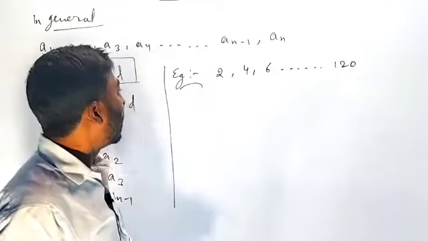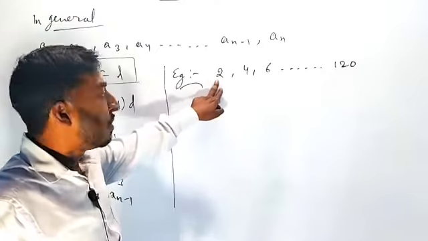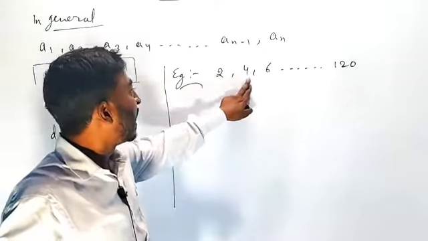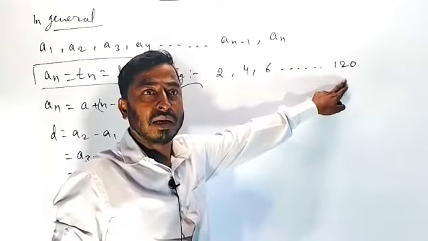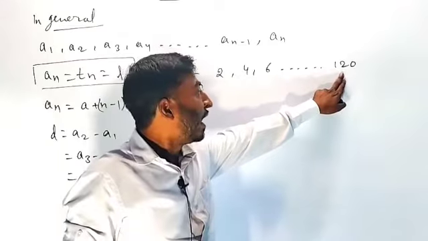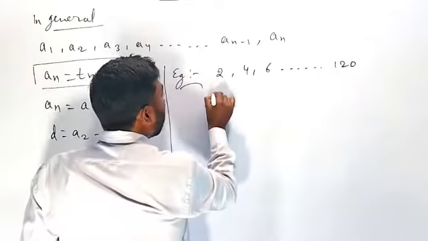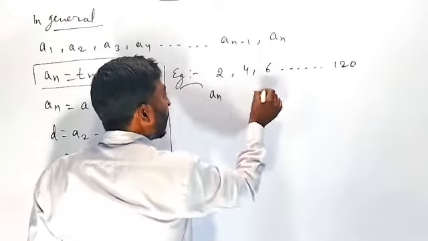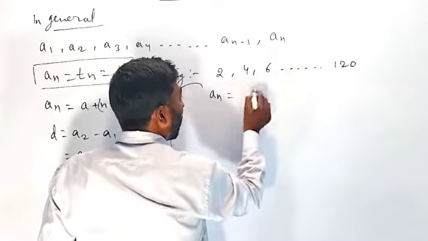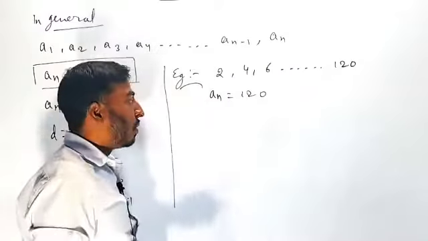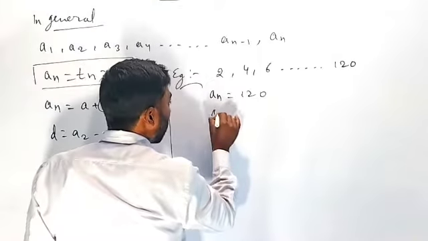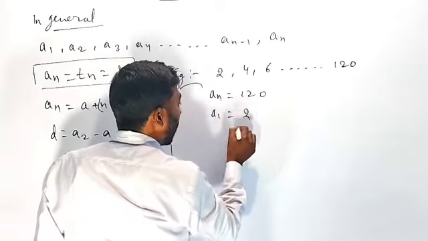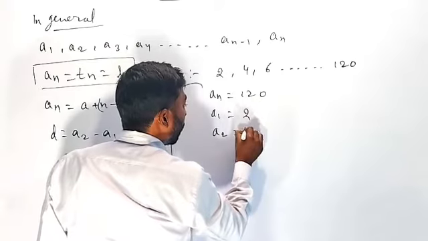Here the first term is 2, the second term is 4, the third term is 6, and the last term, that is the nth term, is 120. Understand, 120.